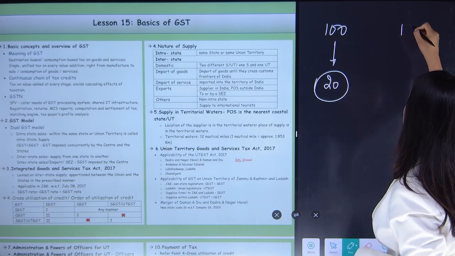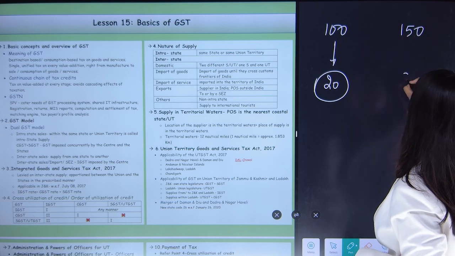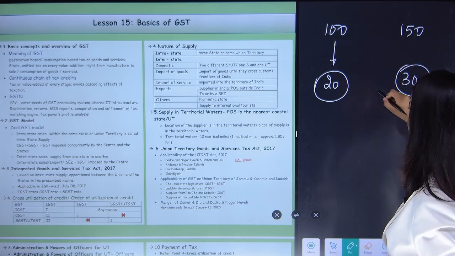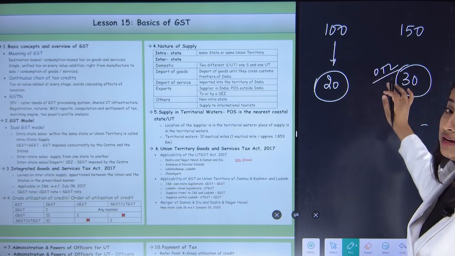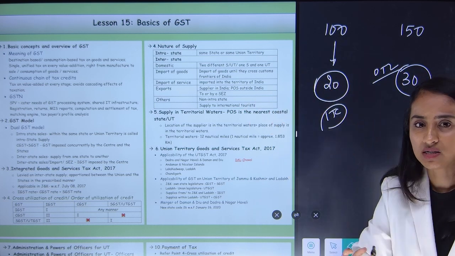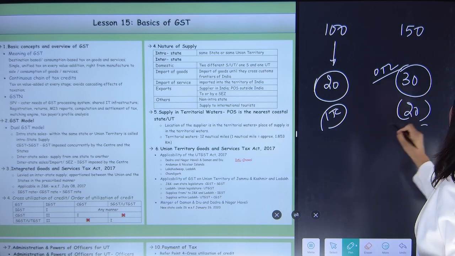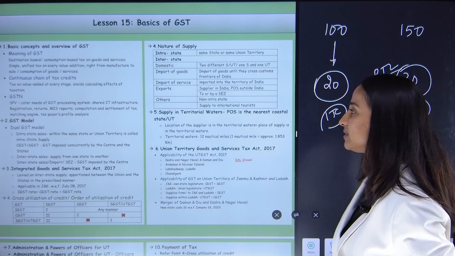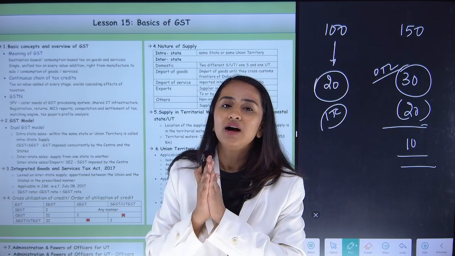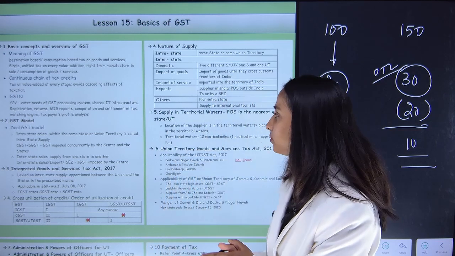Now, you're selling something worth 150 rupees and you are supposed to pay GST to the government worth 30. This is your output tax liability, you are supposed to pay 30, you've already paid 20 rupees when you purchased. So, you can set this off and then this will be your final tax. This is called the tax credit mechanism, which we'll be studying entirely in our ITC chapter.